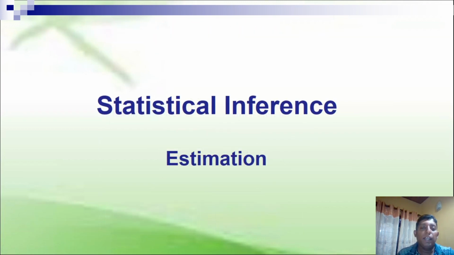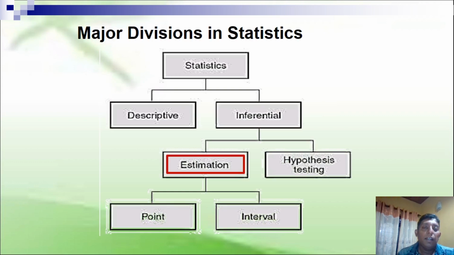Right, now we can move to the second part of this lesson, the statistical inference. At the beginning of this lecture series, we said that statistics divides into two: descriptive and inferential. In the initial lectures we completed the descriptive part, and up to this point we discussed the probability part.